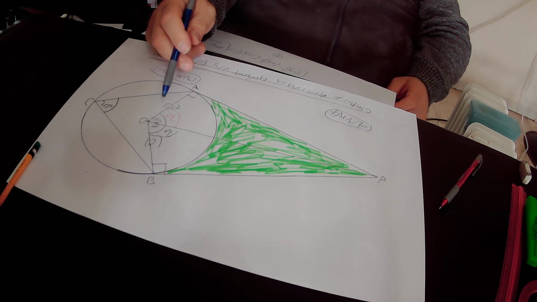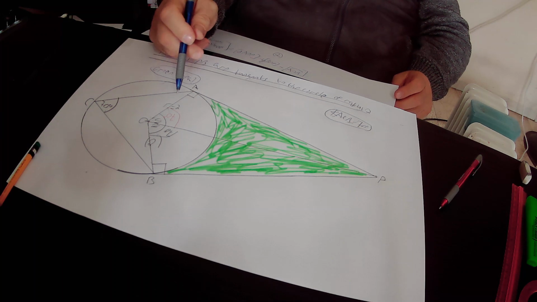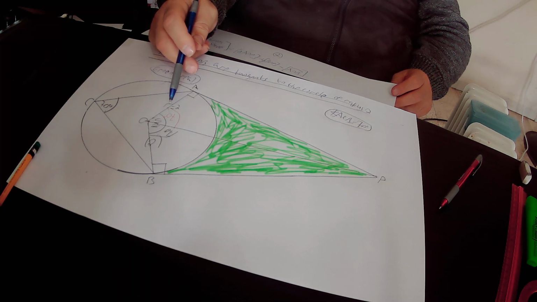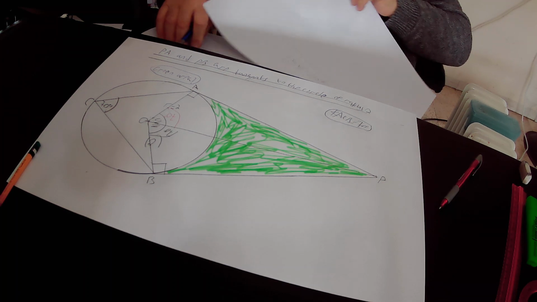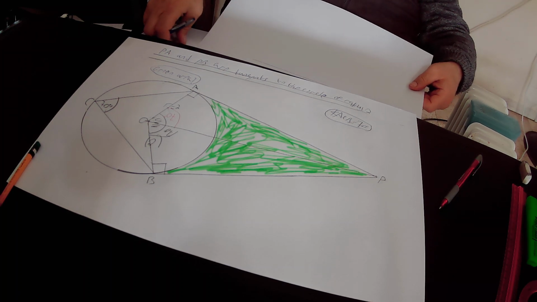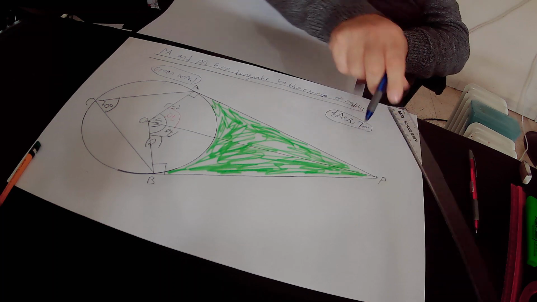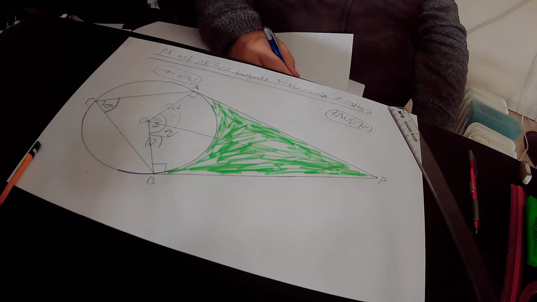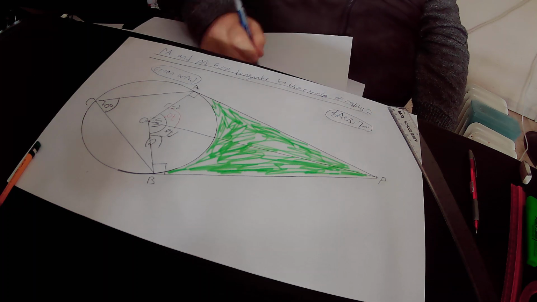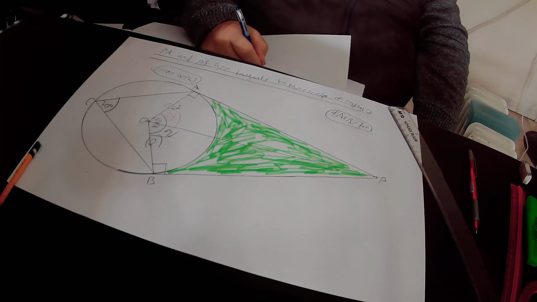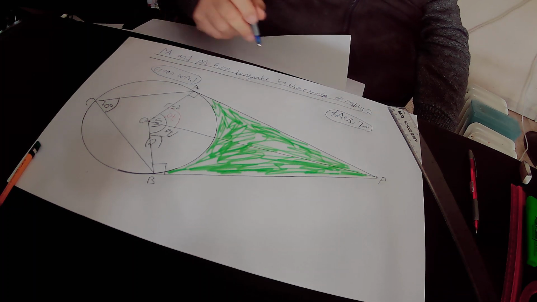In the right triangle POA, it is very easy to see that tangent 70 degrees equals AP over AO.